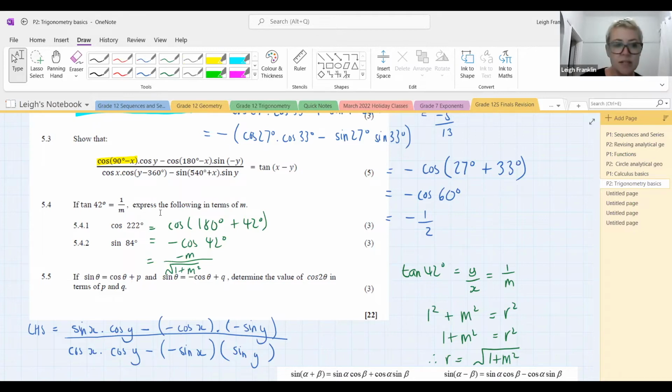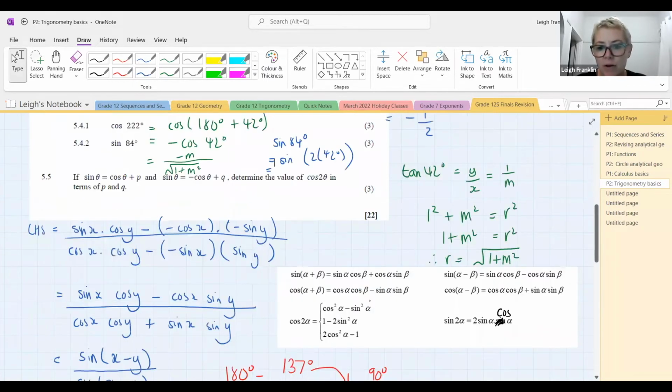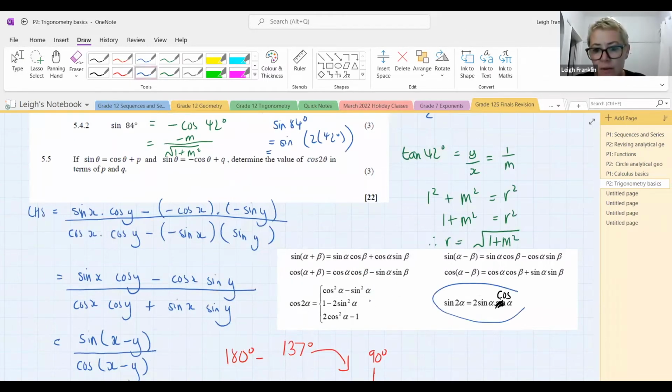That means that we can now write the sine of 84 as the sine of 2 times 42. Now using our formula sheet, our double angle formula, we can write this as 2 sine 42 cos 42.